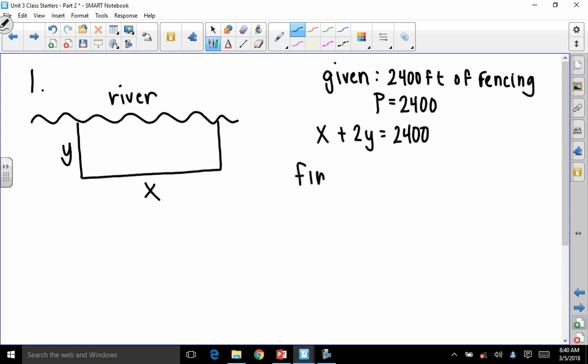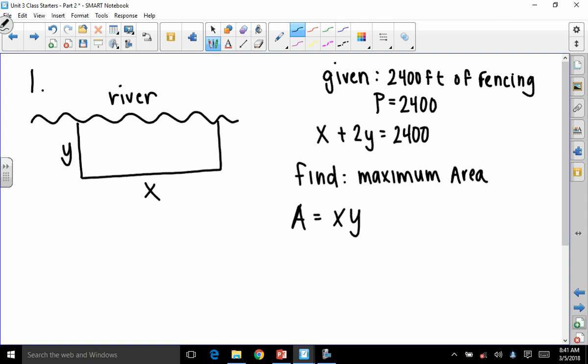And we're trying to find the maximum area. Well, how do you find the area of that rectangle? x times y.